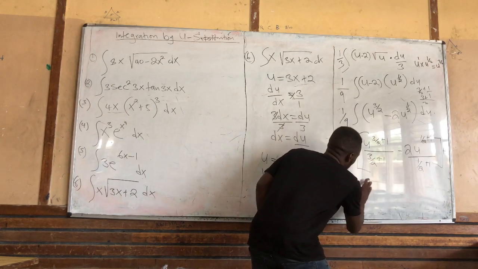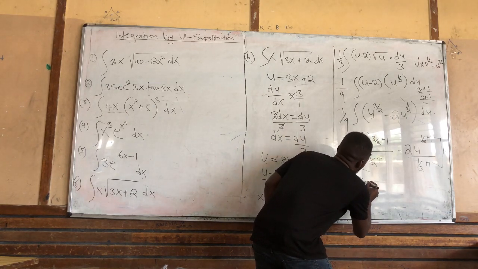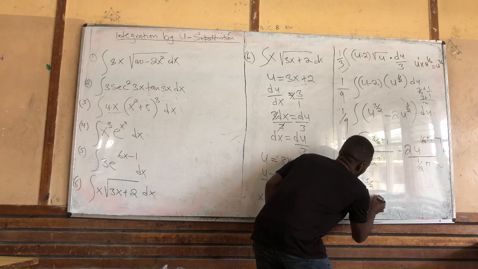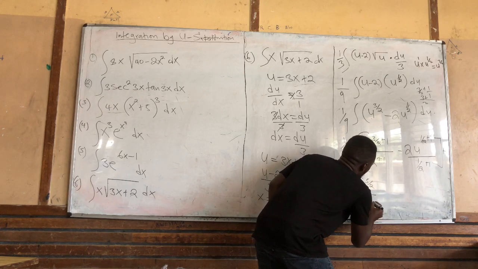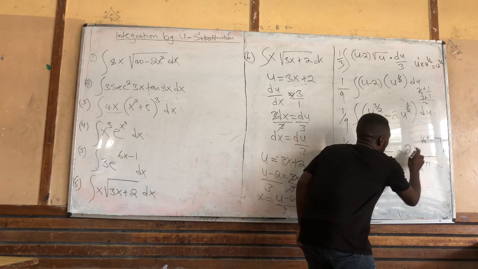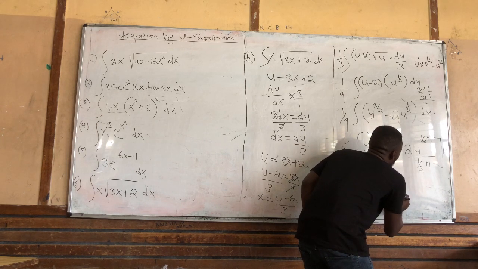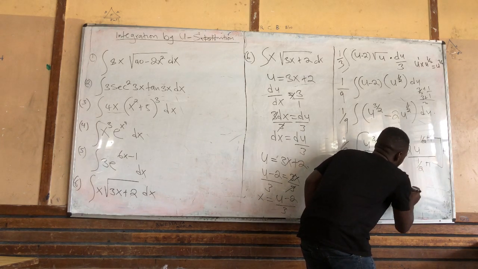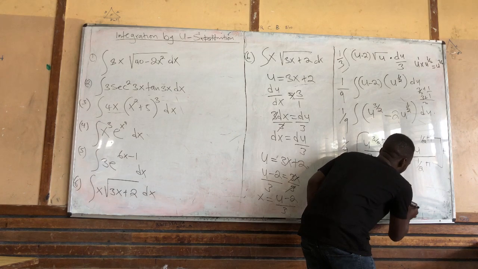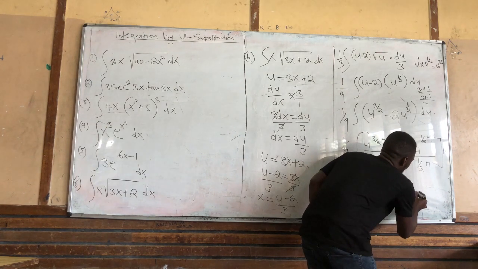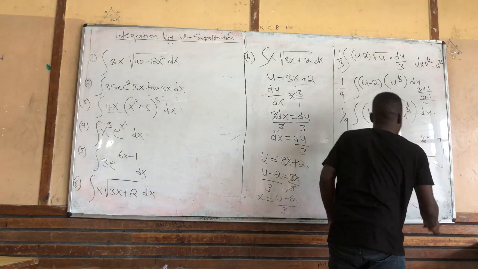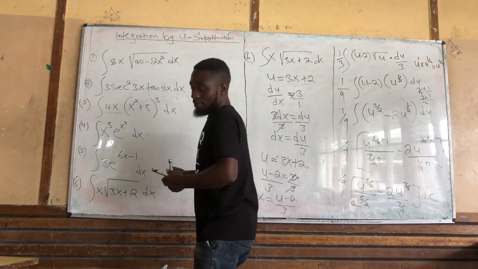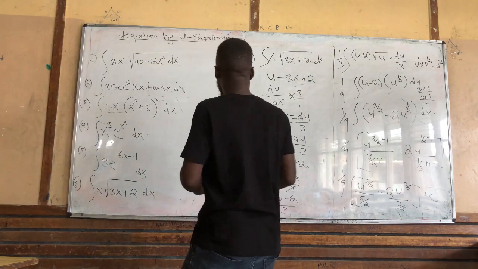So u to the power 5 over 2 over 5 over 2, minus, for this one, half plus 1 is 3 over 2, so 2 u to the power 3 over 2 over 3 over 2, plus c.